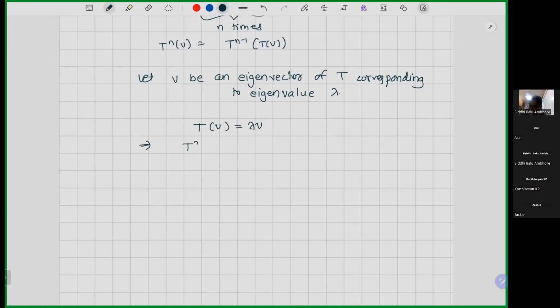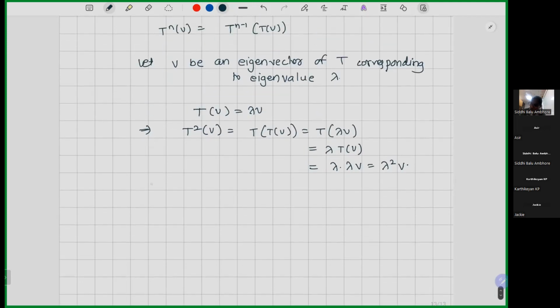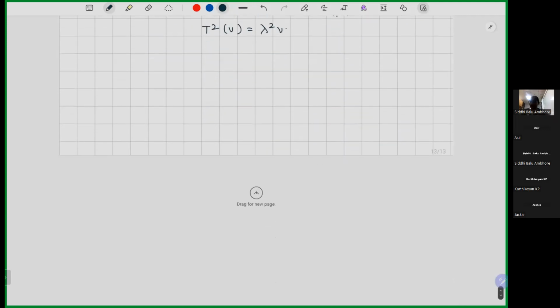But if I take T square v, then it is what? T of Tv, and it is T of lambda v. Then by linearity, this is lambda into Tv, which is lambda into lambda v, and this is lambda square v. So from this, what I got is that T square v is lambda square v. Right.